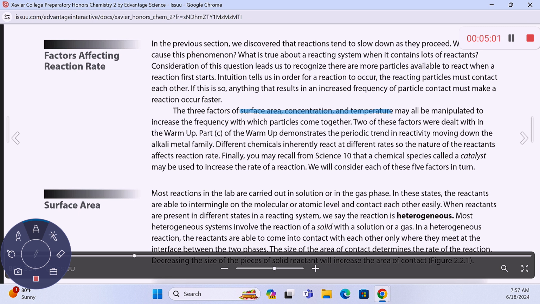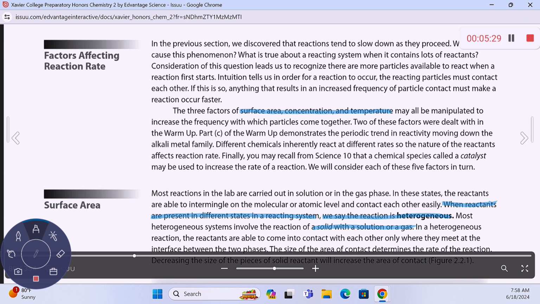A lot of chemical reactions are carried out with reactants that have multiple states of matter. So when reactants are present in different states of matter, we say that the reaction is heterogeneous. Usually for you, it will involve a solid with a solution or a solid with a gas. Okay?